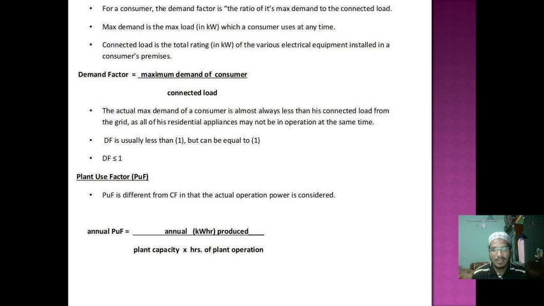Plant use factor, PUF. Plant use factor is the annual kilowatt-hours produced divided by plant capacity times hours of plant operation.